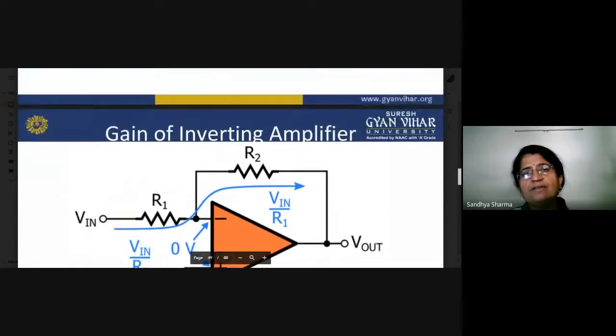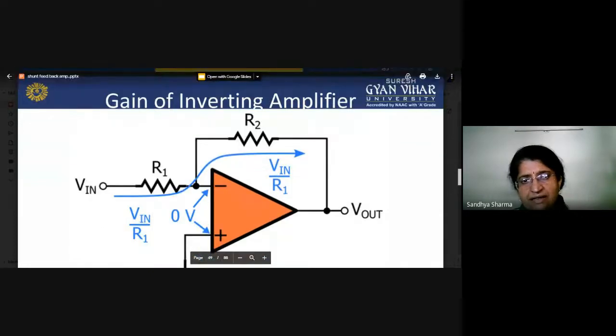Now we will switch to the gain of the inverting amplifier. In previous slides we studied the gain of the non-inverting amplifier. Now we will switch to the inverting amplifier. What is the property of our inverting amplifier? You have to apply your input signal at the inverting terminal. Just see this diagram.